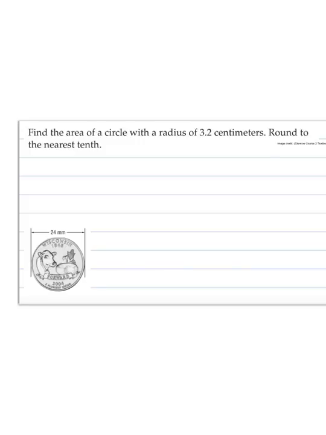All right, find the area of a circle with a radius of 3.2 centimeters. Round to the nearest tenth. Okay, you could try this one on your own, and then also we have a quarter one to try after that. But area equals pi times radius squared. Our radius is 3.2 squared.